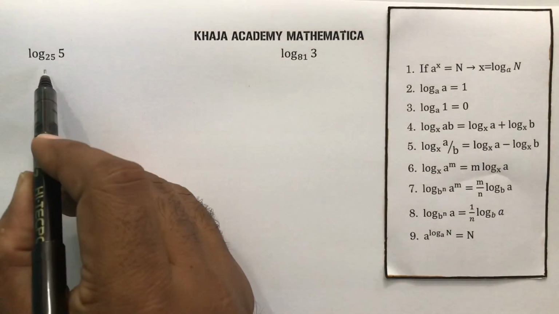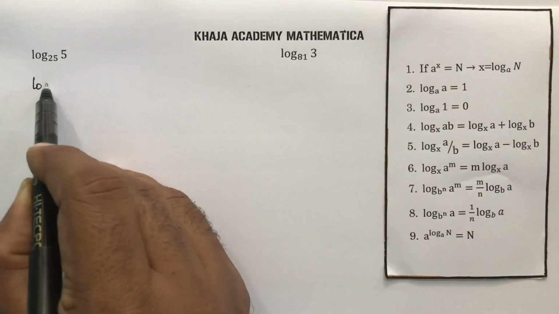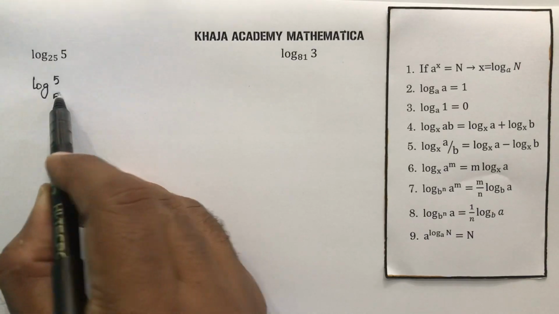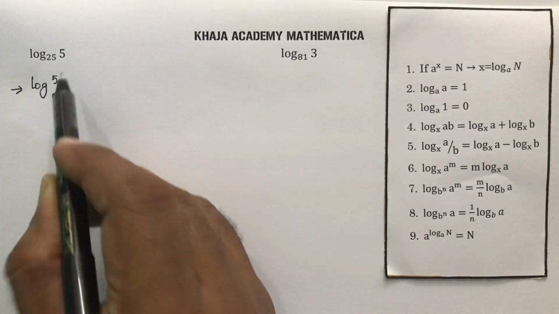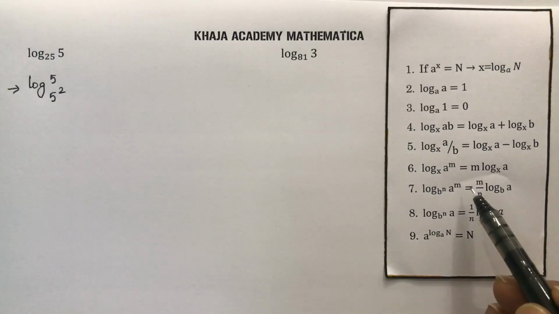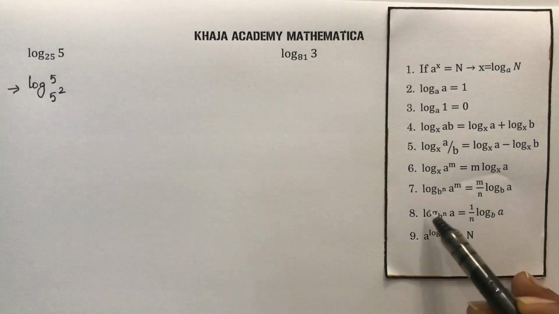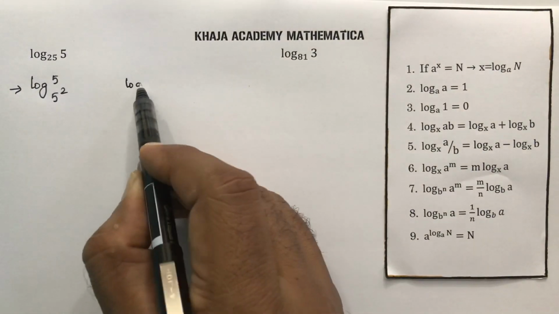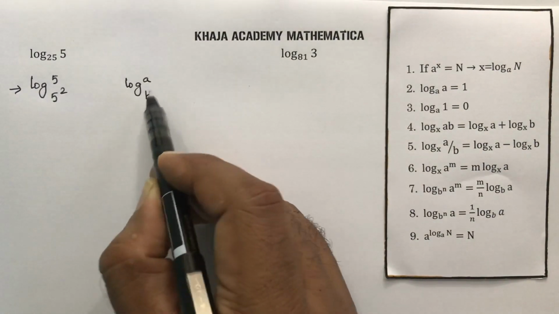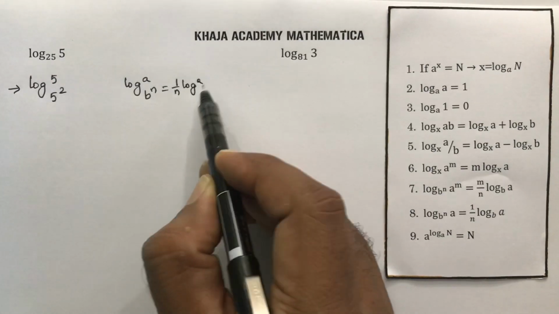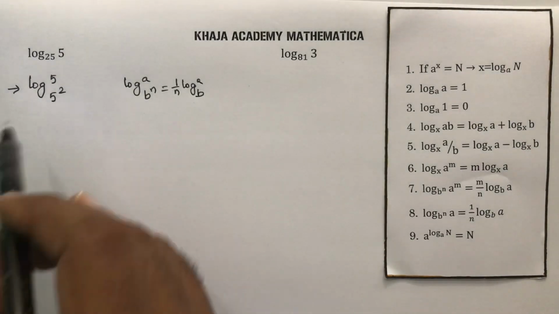Now log 5 to the base 25. So 25 you can write as 5 square, if you do prime factors. Now see here, I'll use this base formula: log a to the base b power n is 1 by n log a to the base b.